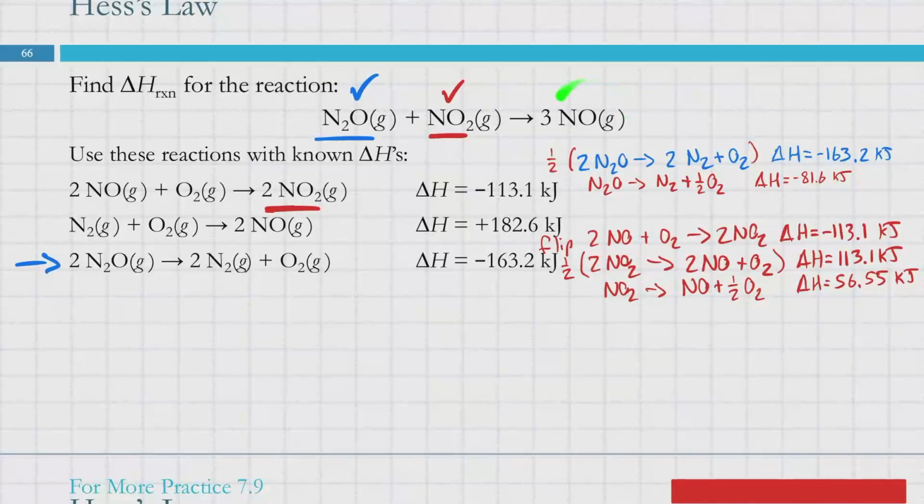And then the last thing that we need to work out is our NO. So let's look at what we've got so far. So we've got N2O going to N2 plus 1/2 O2. And we've also got this NO2 going to NO plus 1/2 O2.